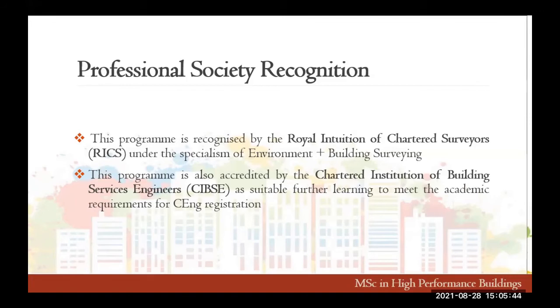But right now we still recognize that, because of COVID they cannot come for accreditation. And also the CIBSE in the UK, Chartered Institution of Building Services Engineers. So we have also been accredited by the CIBSE, and this one is also due for reaccreditation because of COVID, they could not come.